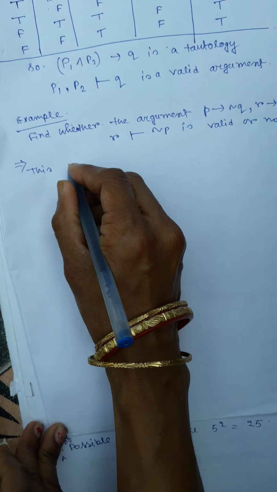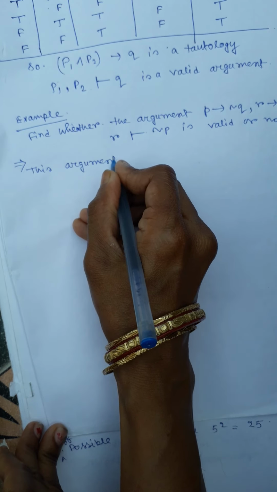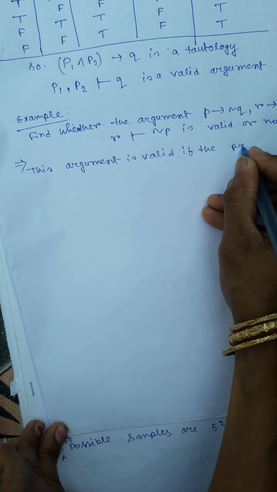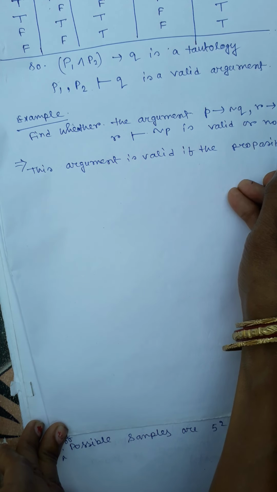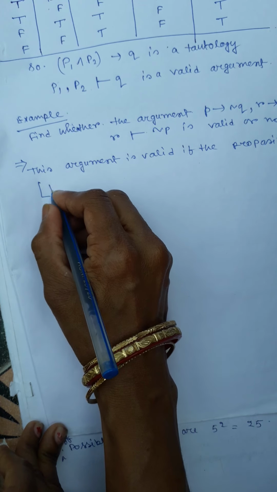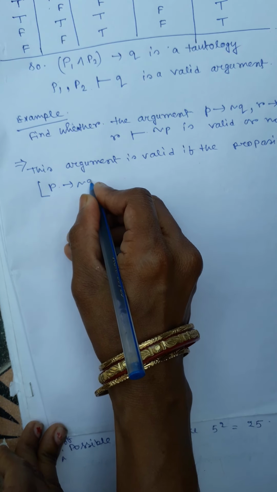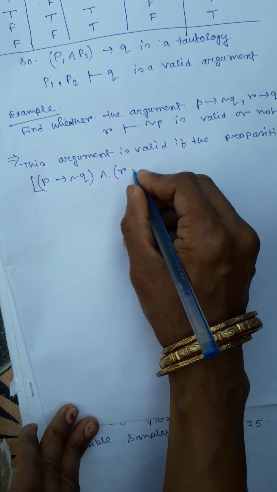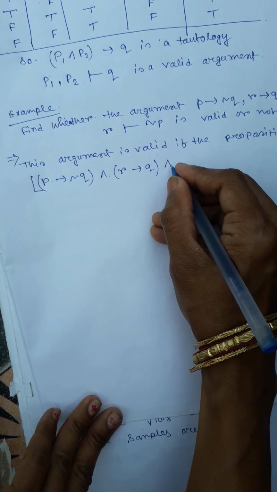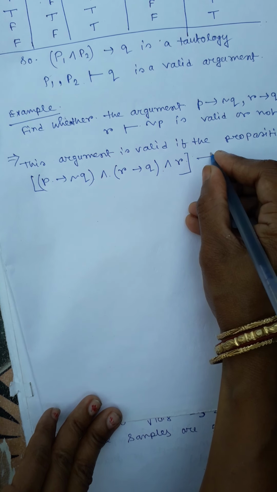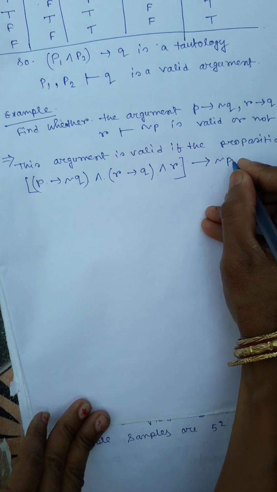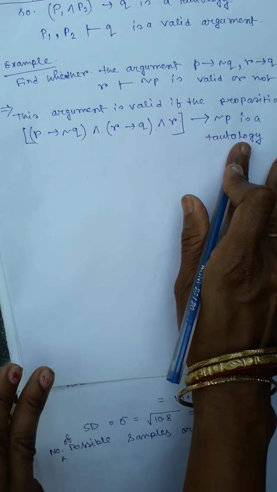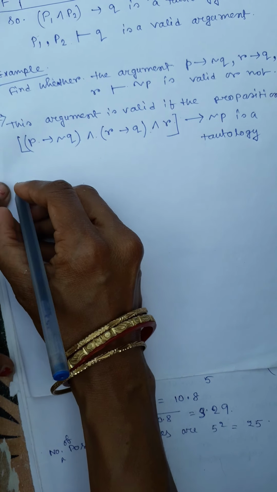So this argument is valid if the proposition P tends to negation of Q, conjunction of R tends to Q, conjunction of R, this will tends to negation of P is a tautology. Okay, now we find here the truth table also.